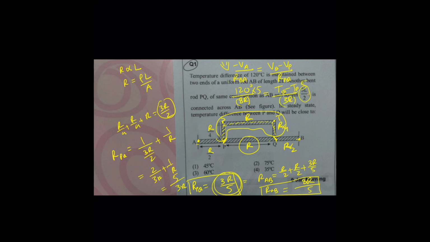So again that 5 will go in the numerator. I can cancel this 5 with this one, and simply write TQ minus TP. Again I can cancel this R and this R. This 3 will go in the numerator. So what we'll get is 120 into 3 upon 8. So 8 into 15 is 120, and 15 into 3 is 45. So TQ minus TP will be equal to 45 degrees Celsius. Now if we compare this answer with the remaining options, you'll come to know that the first should be our answer.